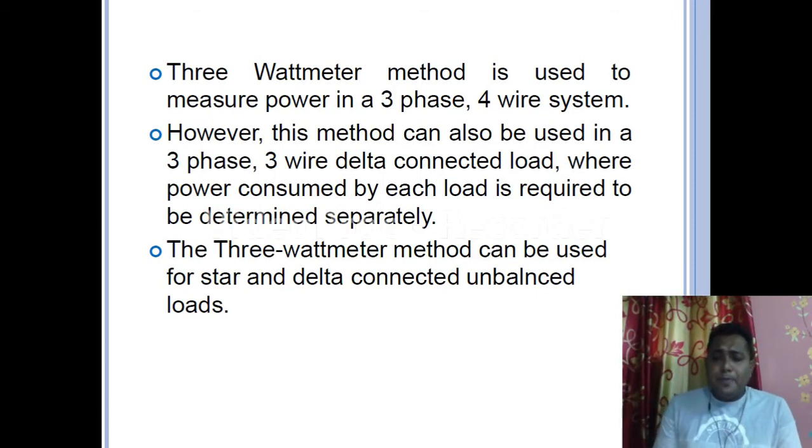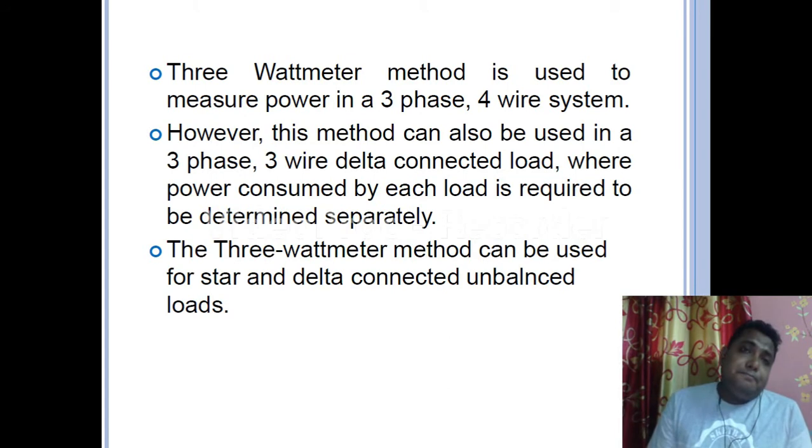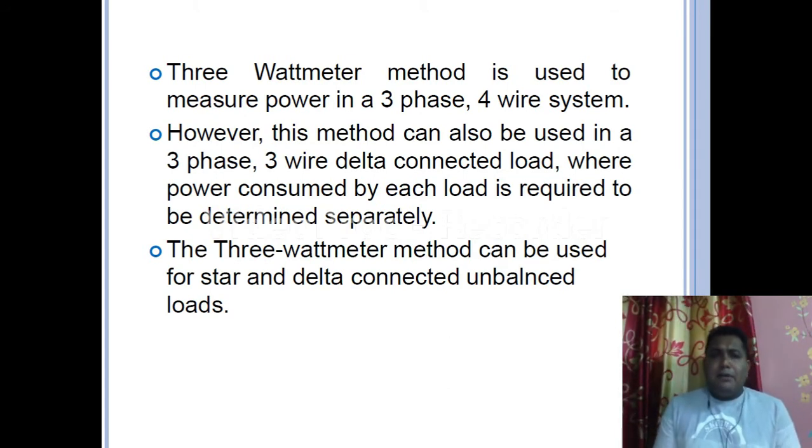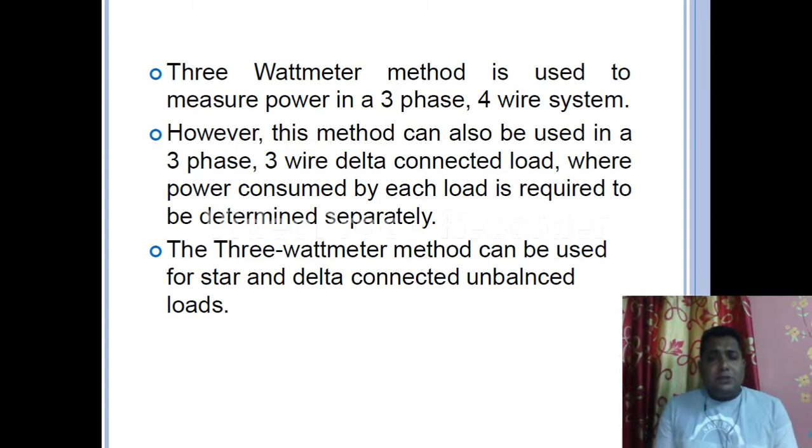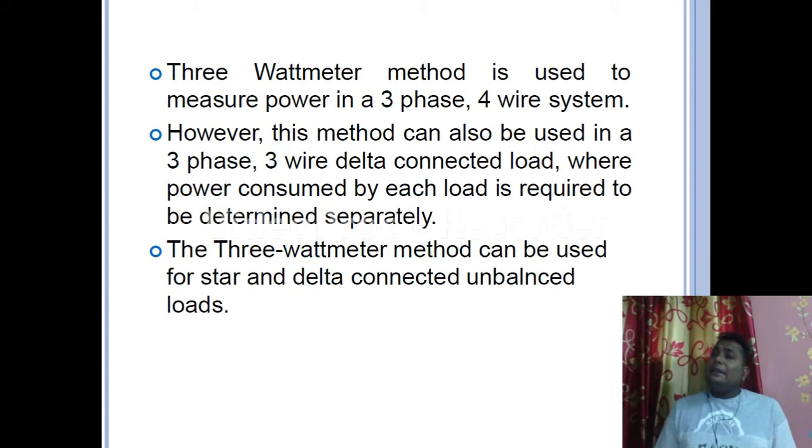Because if each phase is consuming the same amount of power for the same amount of time, then there is no need to use 3 wattmeters. We can use a single wattmeter: we just measure any one phase's power and multiply by 3, and we get the 3-phase power. But if the system is unbalanced, each phase has a different magnitude, a different voltage level, and a different phase angle between them.